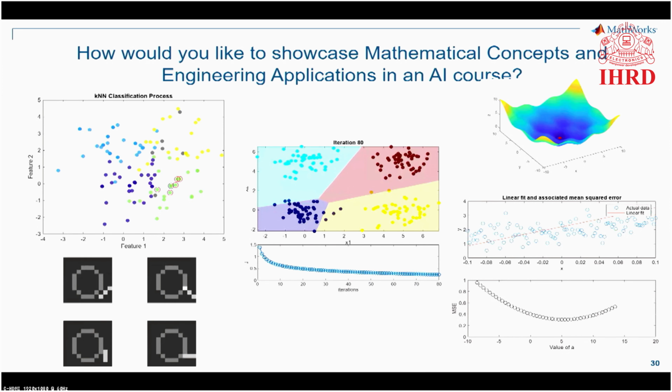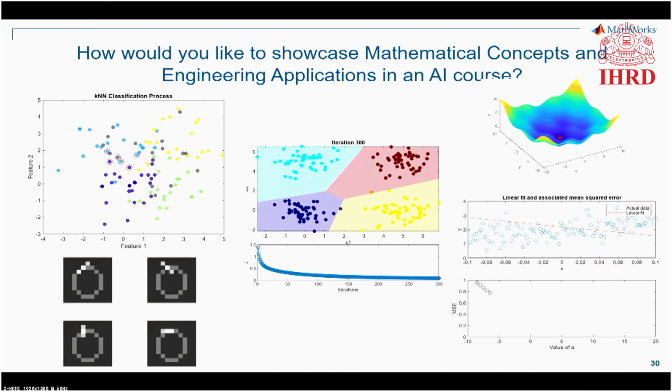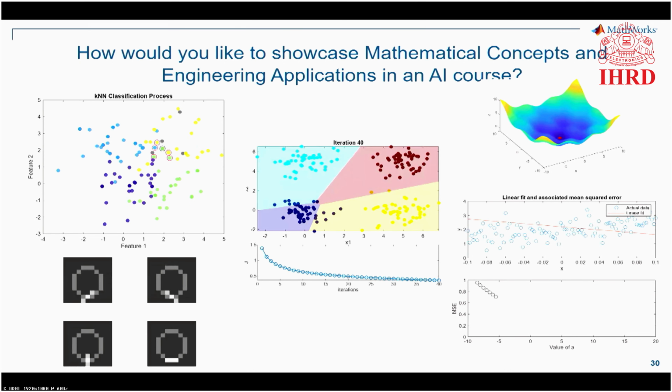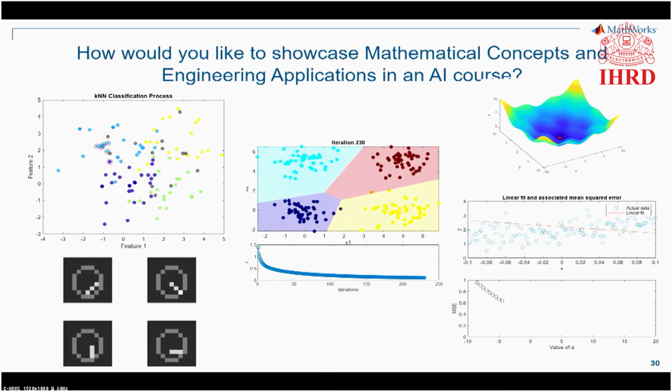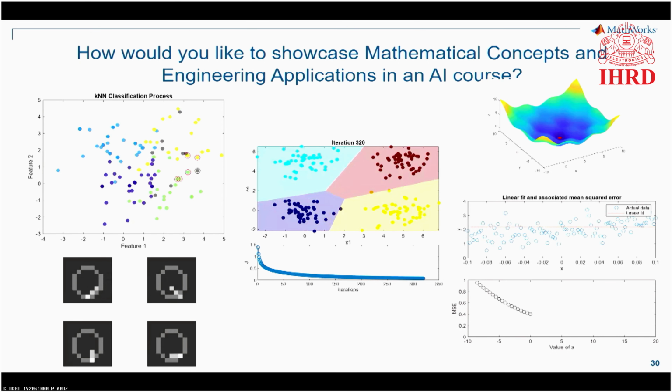Students are able to look into the mathematics and visualize it. The third one shows how a gradient descent algorithm works, which is very fundamental to training an AI model. Not just in 2D, you can also see in 3D how it identifies the minima of a particular cost function.